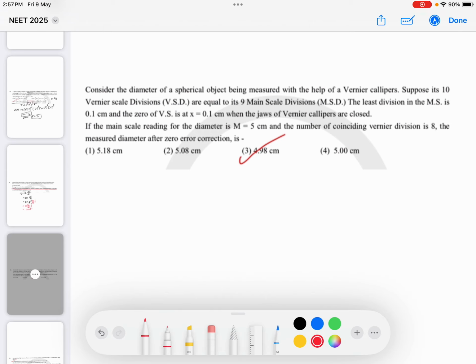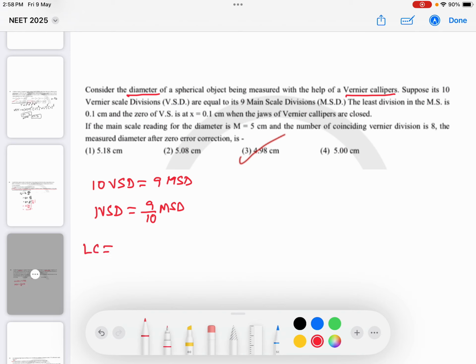Here they are giving a question to consider the diameter of a spherical object with the help of Vernier calipers. They give that 10 Vernier scale divisions is equal to 9 main scale divisions. Then one Vernier scale division can be taken as 9 by 10 main scale divisions.